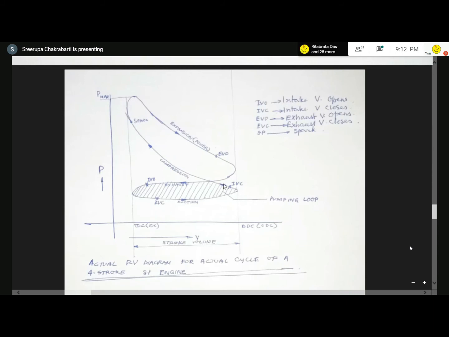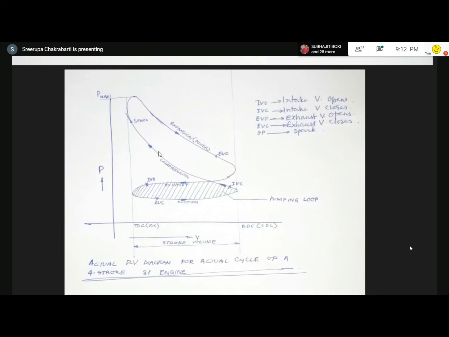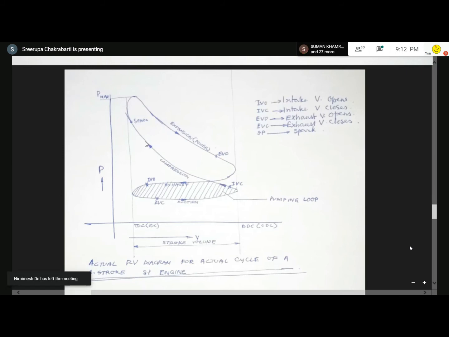This portion of the curve, the compression curve, is associated with an increase in pressure and a decrease in volume, but this is because the piston is moving upward, both the valves are closed, so the gas is an enclosed gas and its pressure increases, volume decreases, and temperature also increases.